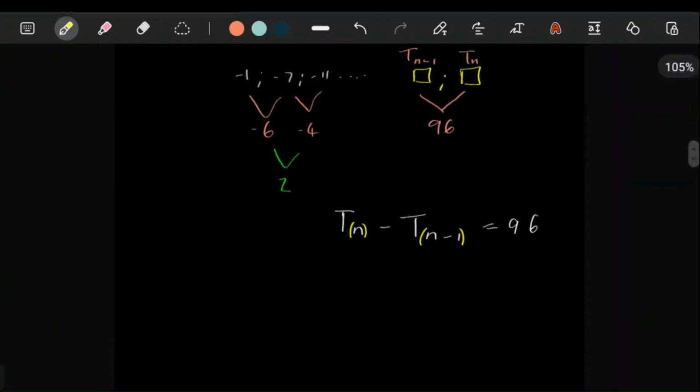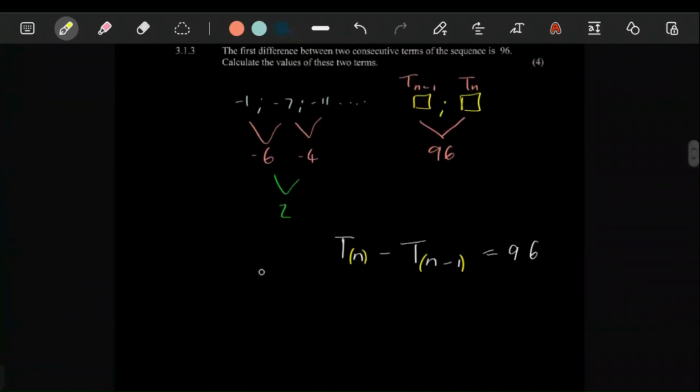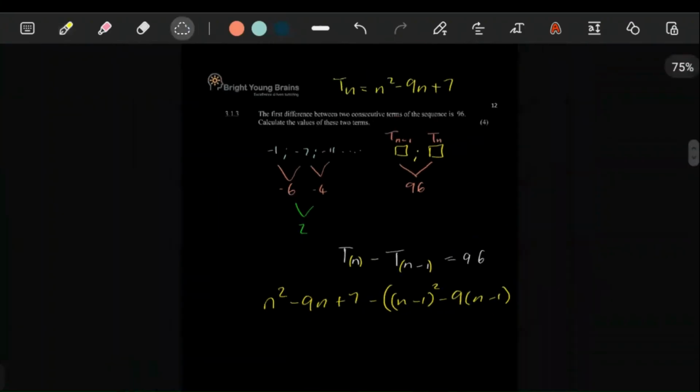Let's try that out. So our general term is Tn is equal to n squared minus 9n plus 7. So where you see Tn, you can put the general term, minus 9n plus 7. Here you can put n minus 1 in brackets. You square it, n minus 1 in brackets, and then the plus 7.